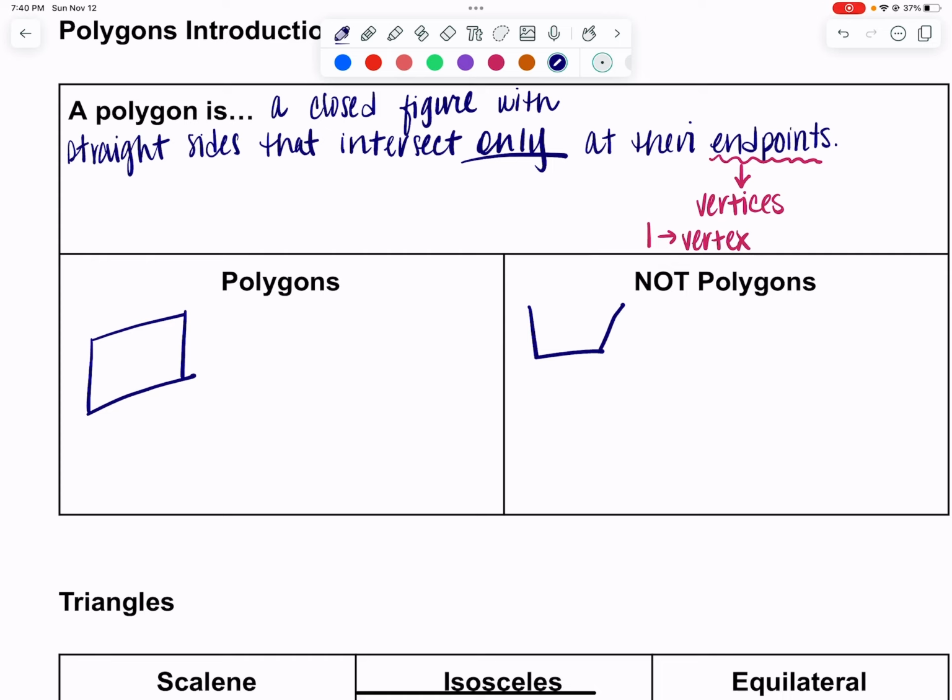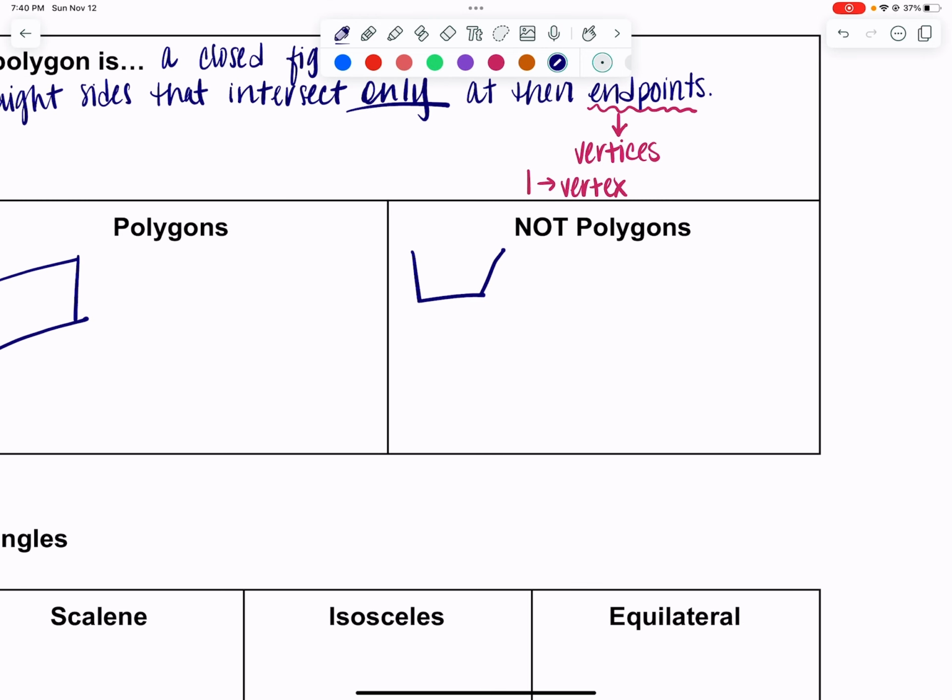I had a question a long time ago that said, well, Ms. Graham, what do you mean straight sides? Like, what would it look like if it was a closed figure without straight sides? Well, it might look like that. Kind of like an ice cream cone looking thing, but flat instead of 3D.